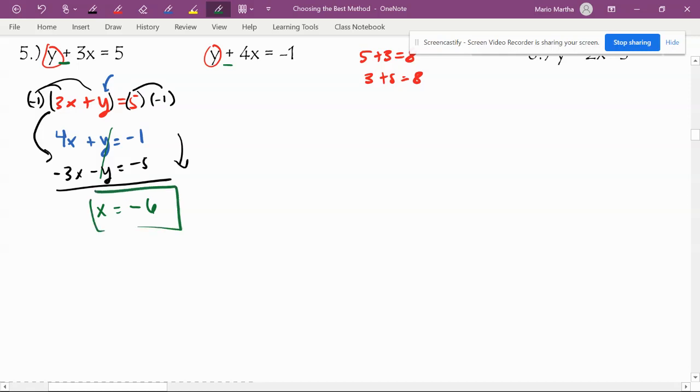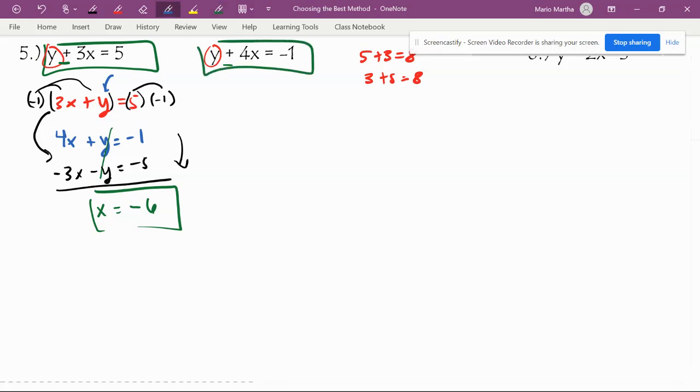Now, here to find the y coordinate, I pretty much have to think about what I'm going to do with the x value. So I still have to solve for y either way. So again, doesn't matter which equation you guys pick, it should still always give you the same y coordinate.